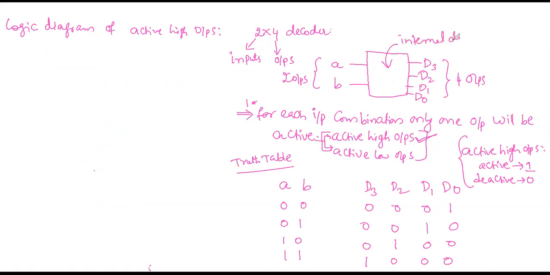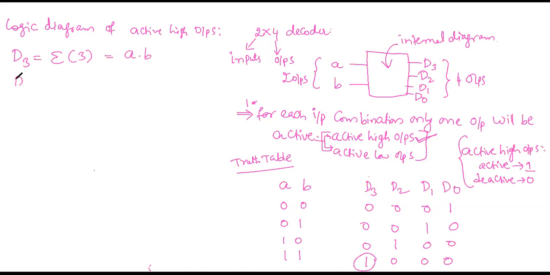How to draw it? Look at each output and write down your standard SOP form equation. We have D3. Where is it 1? When input is 3, it is 1. So sigma 3. How can you write 3? A into B.